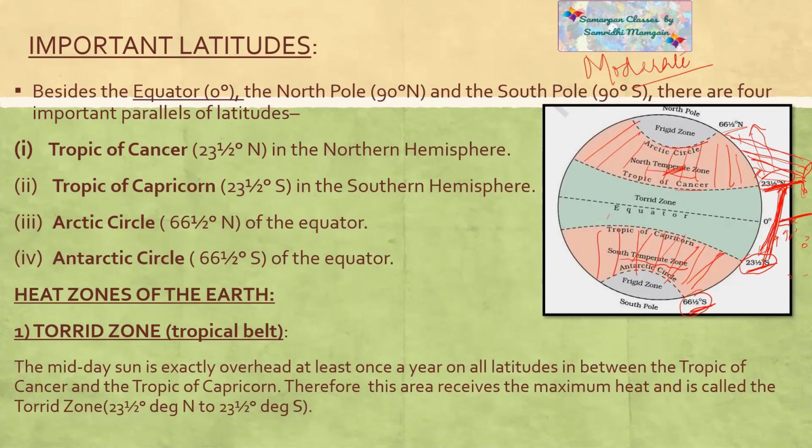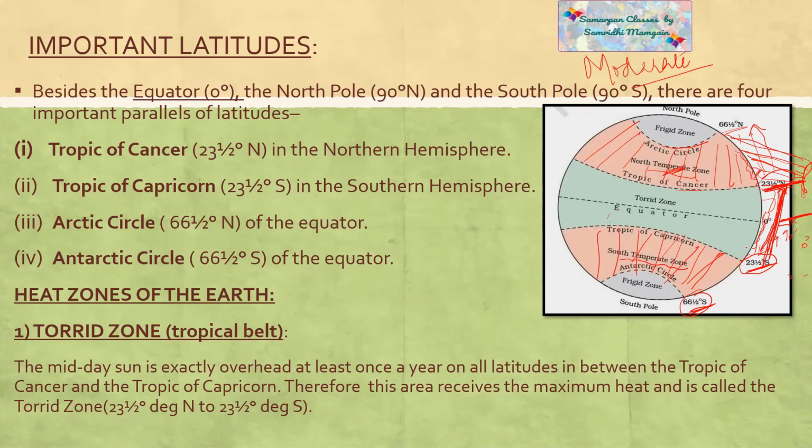The angle of the sun rays decreases from 90 degrees. So the sun rays do not fall directly, rather they are slanting. What does that mean? They are not falling directly. That means this area is not too hot. It is less hot in comparison to this area, because there the sun rays were falling directly.